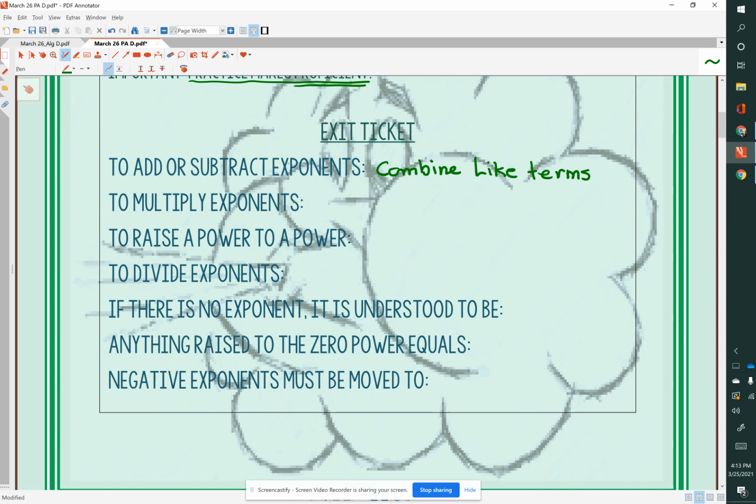To multiply exponential terms, add the exponents. To raise a power to a power, you multiply the exponents. To divide exponential terms, you subtract the exponents.